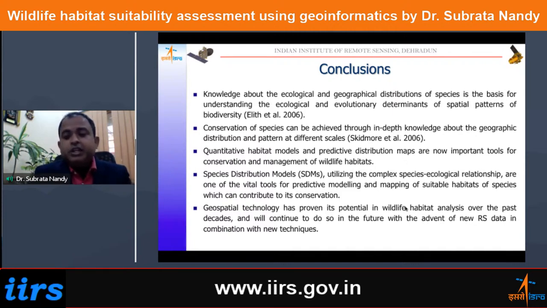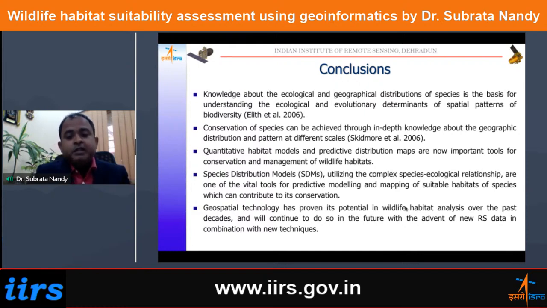It's not only passive remote sensing data, but also the availability of active remote sensing data, in combination with several techniques. As I mentioned, the earlier approach was giving only a ranking based on expert opinion, then multi-criteria analysis, then using some logistic regression model. Now people are using ensemble models for predicting species.